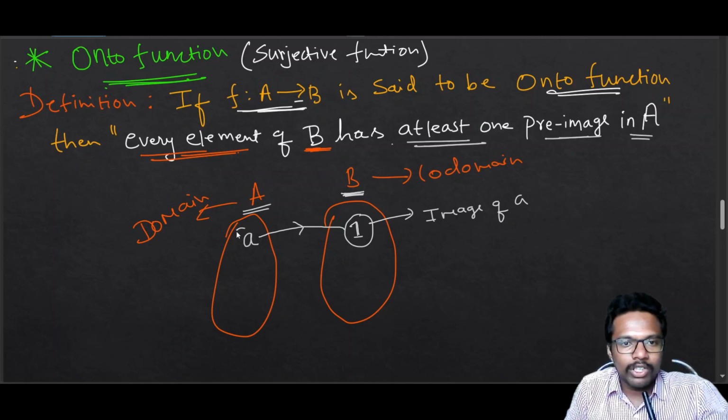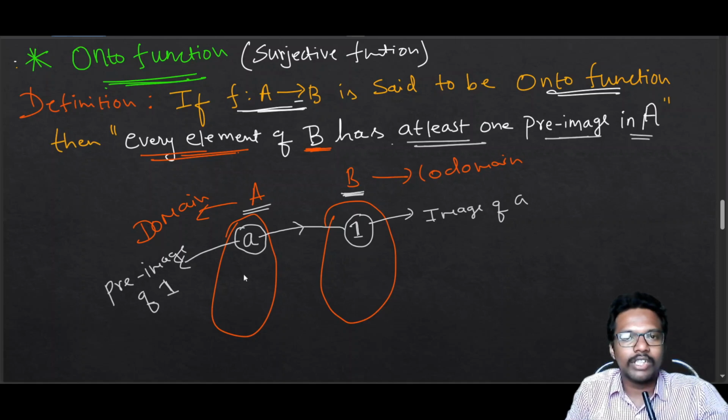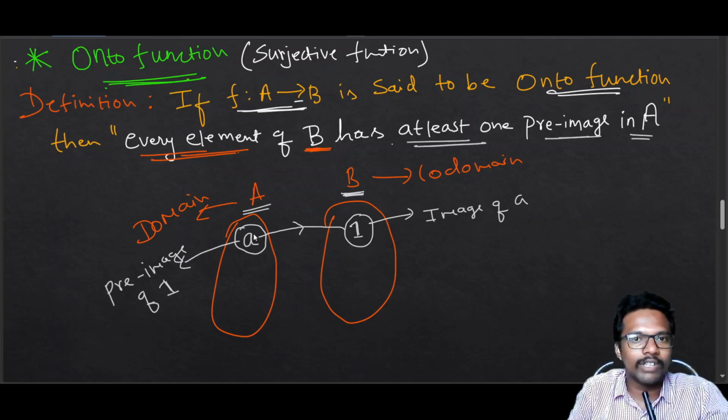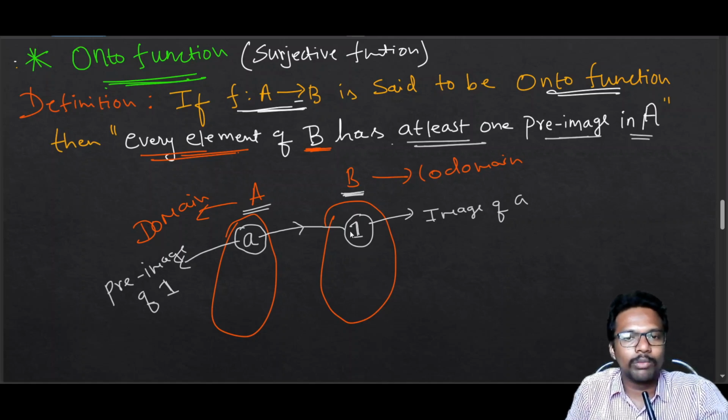And we call this a the pre-image of 1. Pre-image means we are going in reverse; we are finding the relation from B to A. If a is related to 1, then 1 is the image of a, and if we see that same relation from 1, then a is the pre-image of 1.